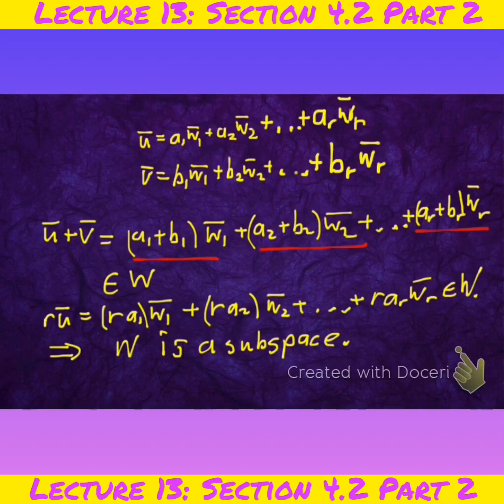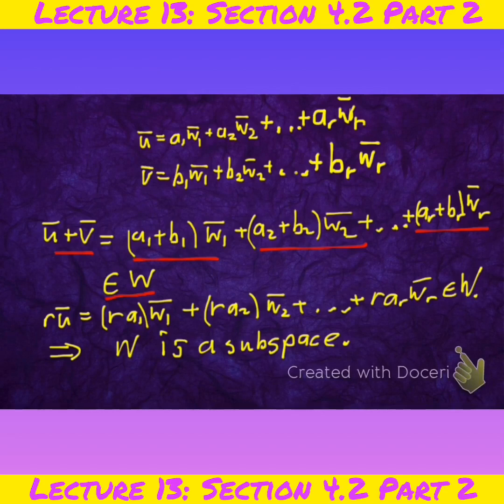If you look at the sum of U and V, you can gather your like terms and easily see that it is a linear combination of the vectors in S, so therefore it has to be in W.